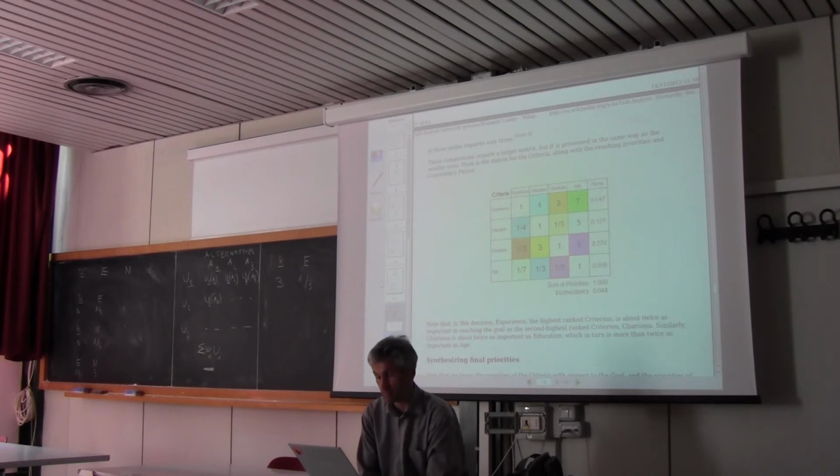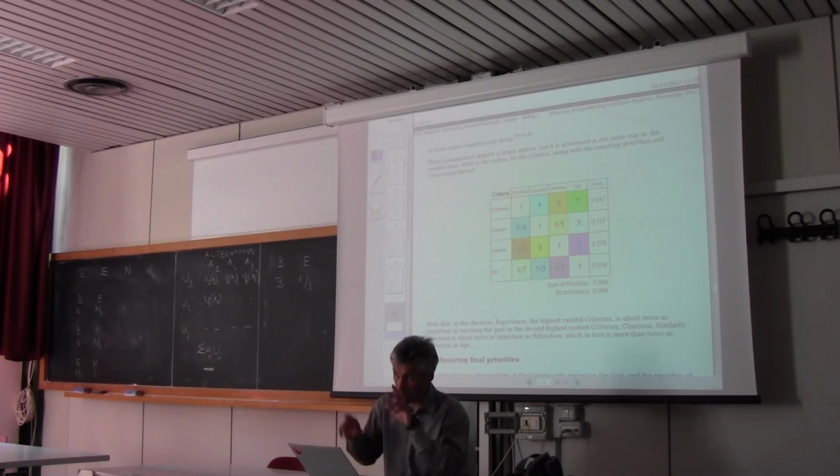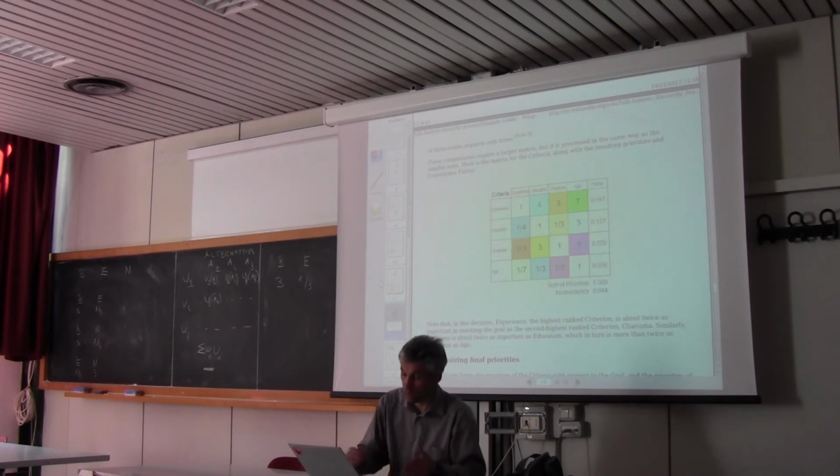There are other suggestions, and you have to look at the inconsistency. So basically, we still have the open parenthesis of the inconsistency, but basically at this stage, we are done. We have the evaluation of the candidates for each criterion, and we have the weights.